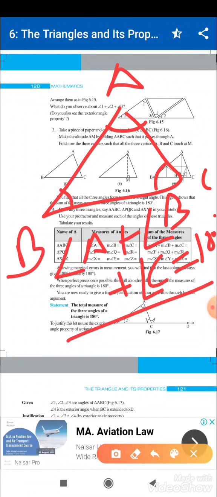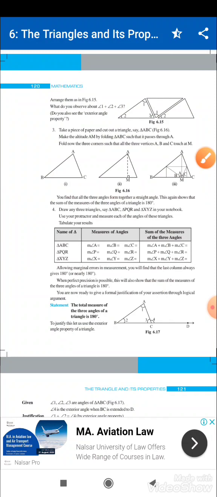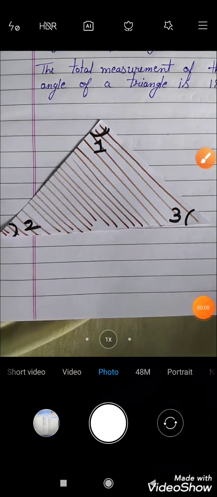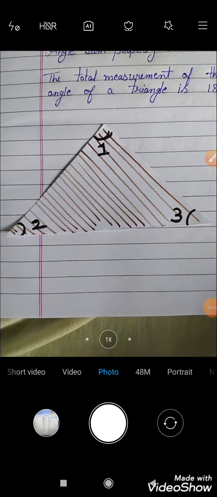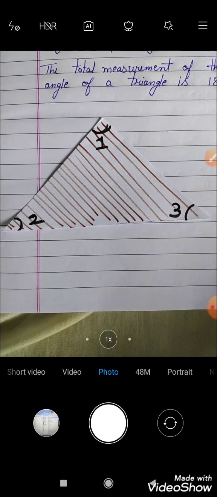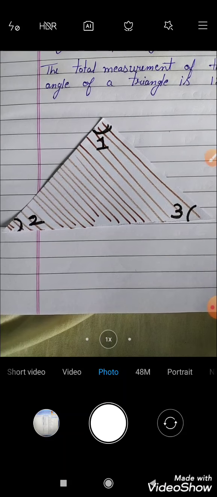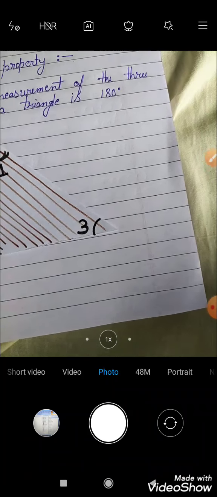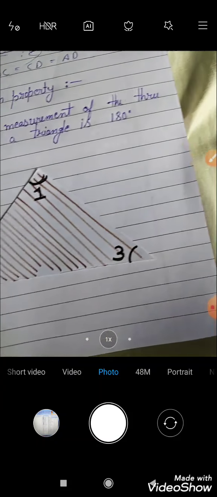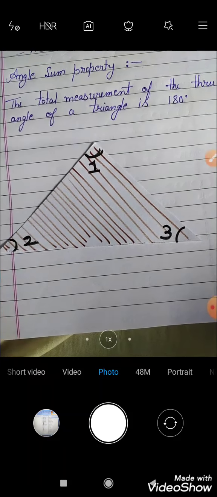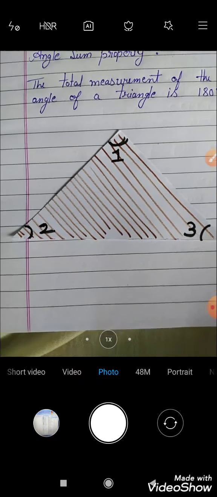Now we verify this statement with the help of an activity. To verify the angle sum property of a triangle, first cut a triangle from a piece of paper. Here I cut this triangle from a plain sheet of paper. You can also use a colored sheet as per your choice.